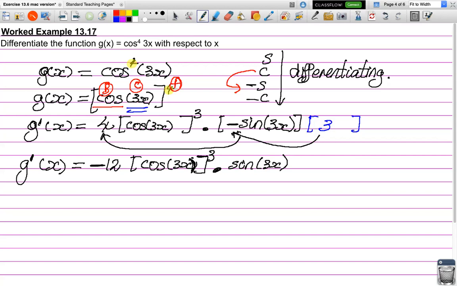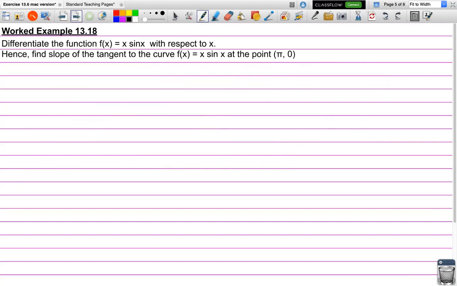Okay, moving on. We've now got to differentiate x sine x. So we've got f of x is equal to x times sine x.